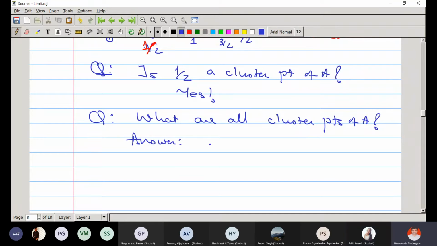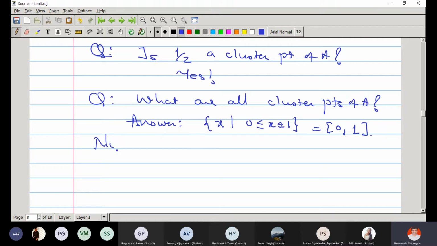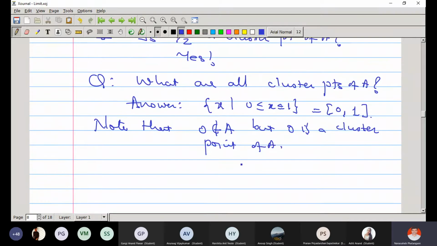The answer is 0 less than or equal to x less than or equal to 1, because 0 and 1 are also cluster points. Note that 0 is not a member of A, but 0 is a cluster point of A. So this is an important point.